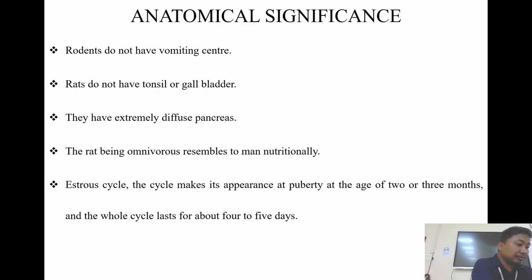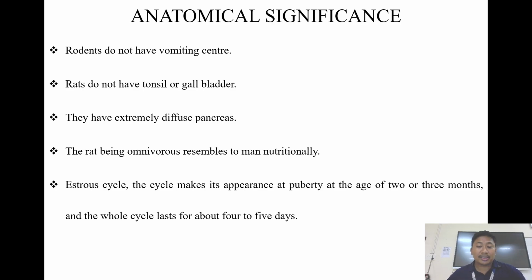Next, the rat, being omnivorous, resembles man nutritionally. As the rat is an omnivore, its style of eating and the nutrients it requires resemble those of humans.